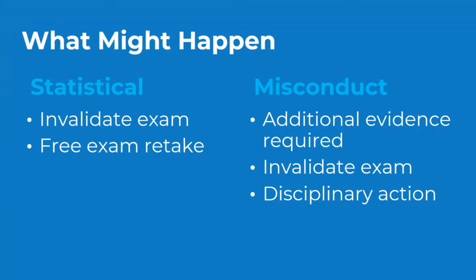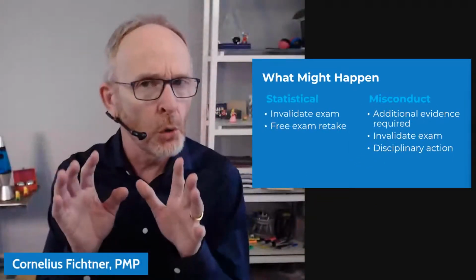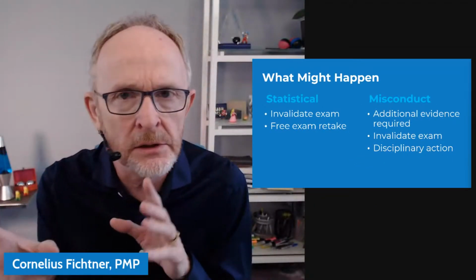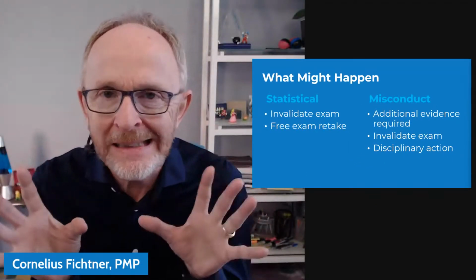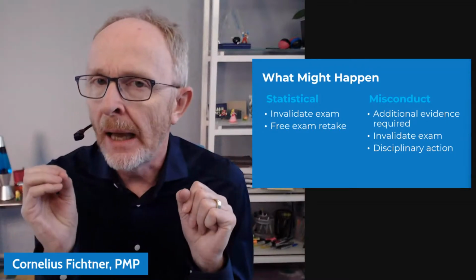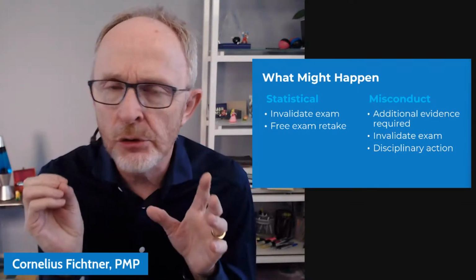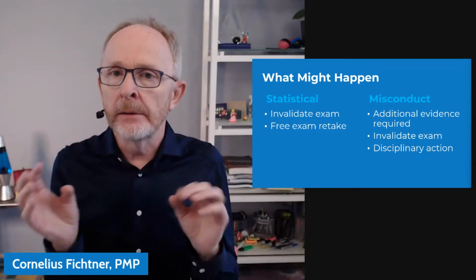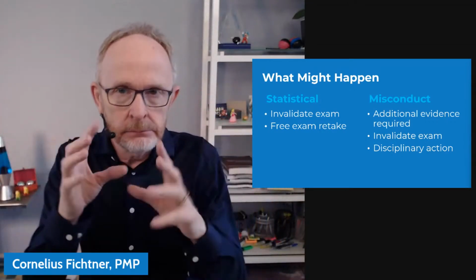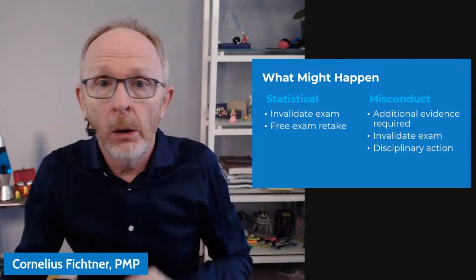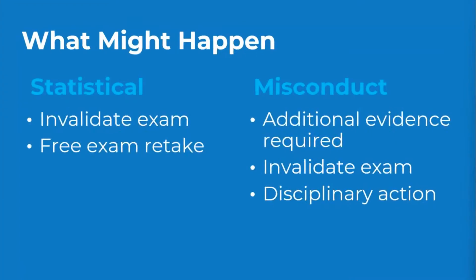Now, what PMI will also do, there are probably recordings of the people at the testing center. They look at other things that might have happened, and they will look, did these two cheat? Did they try to cheat? Have they cheated? And if they do find it, however they do that, they will also take the misconduct actions on the right.